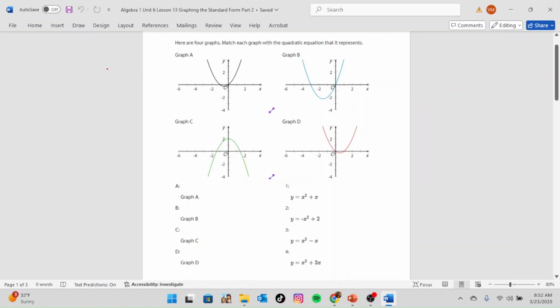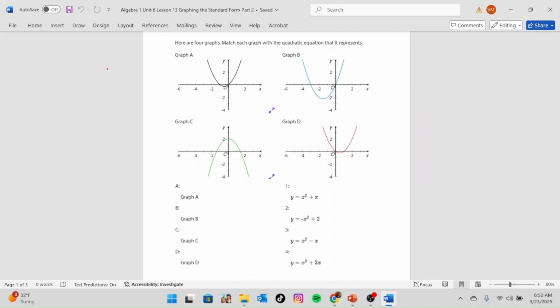Our first practice problem for lesson 13 says here are 4 graphs. Match each graph with the quadratic equation that it represents. So we can do this by looking for things that are different in the graph and then looking for things that are different in the equations.